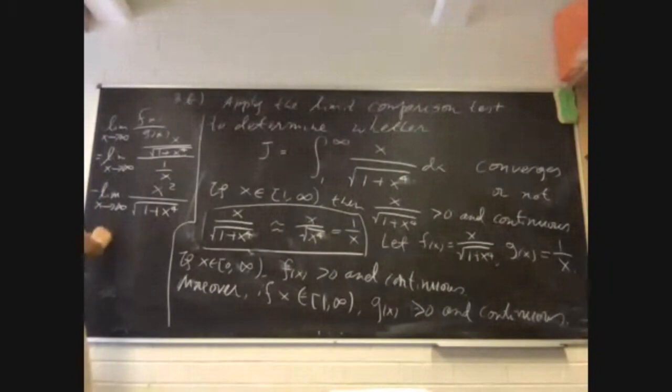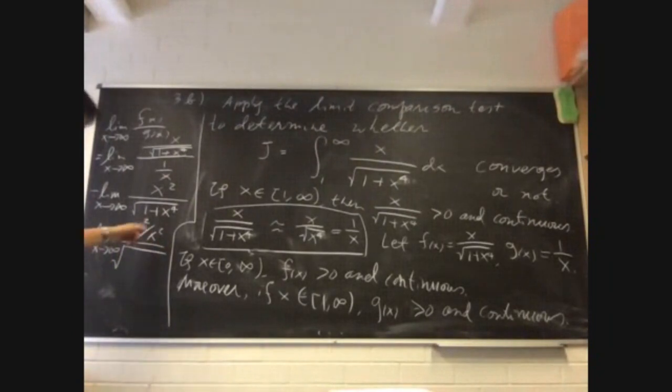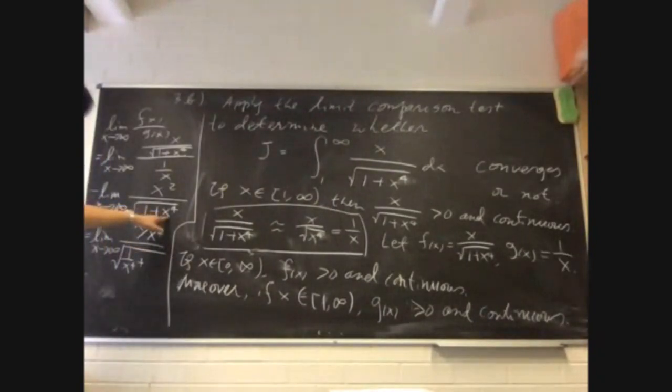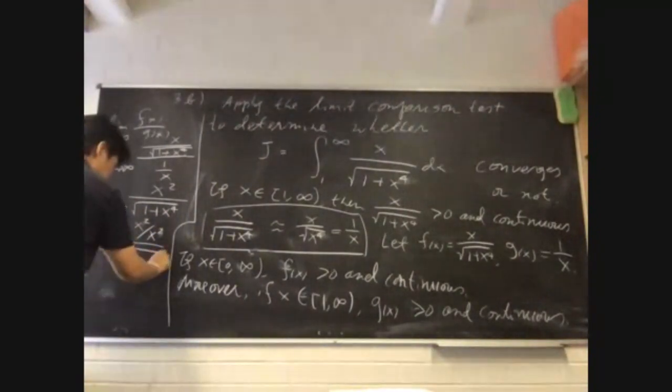So if you divide top and bottom by x squared, then you get x squared over x squared on top. And on the bottom, I'm going to bring the x squared inside the square root, so that will become an x to the 4th. So it's going to be 1 over x to the 4th plus this term divided by, again, x to the 4th, so x to the 4th divided by x to the 4th.